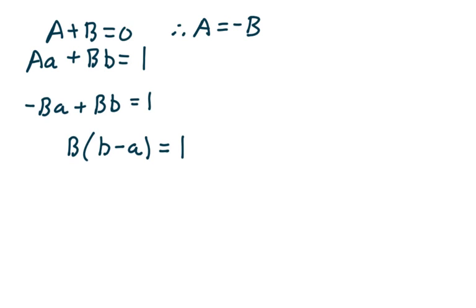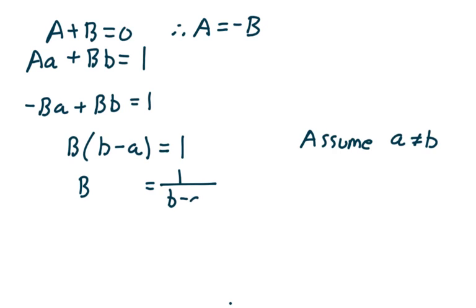Now, for argument's sake, we want to assume a is not equal to b, because if a is b, we have a problem, okay? Now, capital B is equal to 1 over b minus a. And so, therefore, capital A is the opposite of 1 over b minus a. Now we're in business.